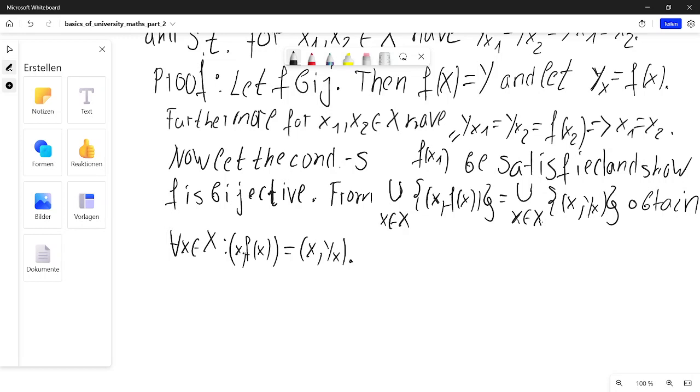So this must be exactly such a pair with the same x. I just looked at this for each separate x, and for x, f of x equals y_x, because the pairs have to be equal that way, and then also the second elements have to be equal. Right.